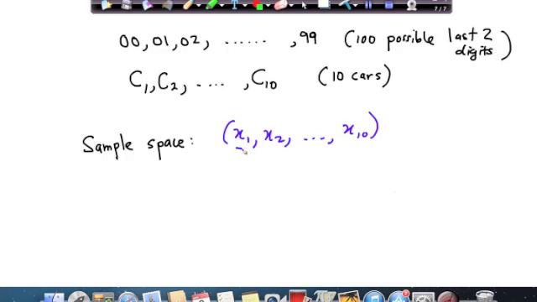So for example, x1 is the last two digits for the number plate on car 1, and so on. So each xi comes from the set containing all the possible last two digits.